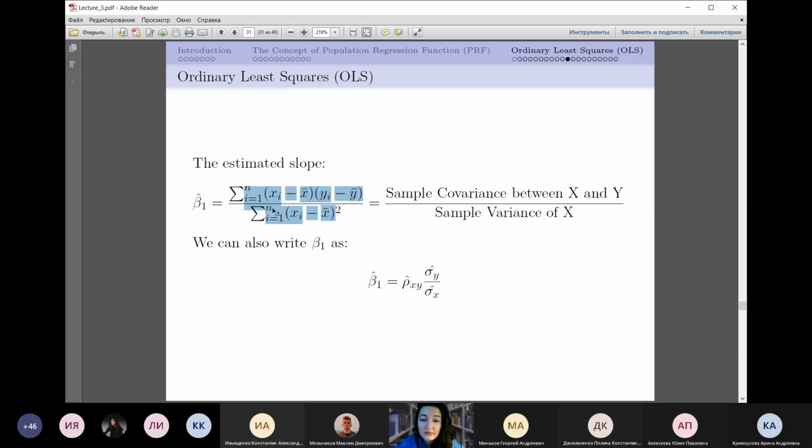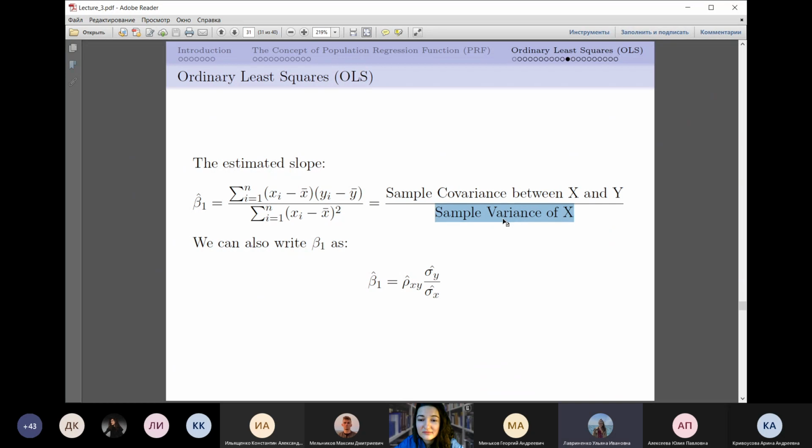what does it mean? If we talk about the denominator. Are you here? Yes. Okay, what does it mean if we have a high value here?